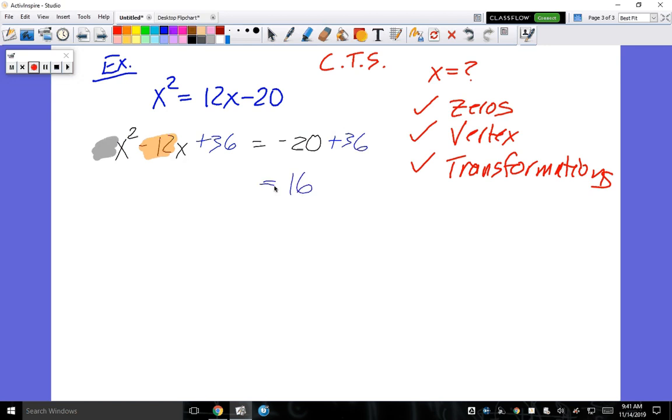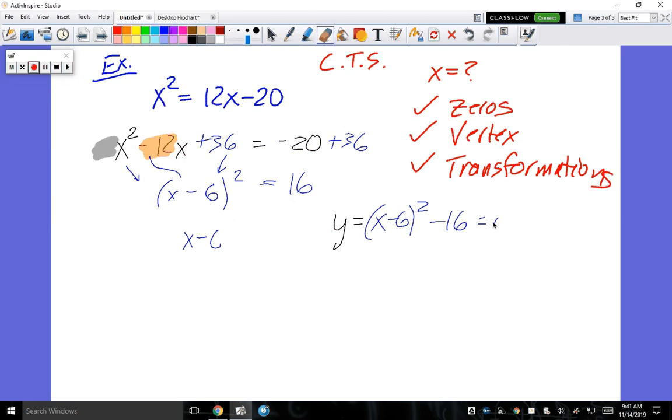This becomes 16. Square root of that, square root of that. Borrow that first sign. This is what I have. If I were to set this equal to 0, just off to the side over here, and move this 16 over, this is the same as saying y is equal to all of this.